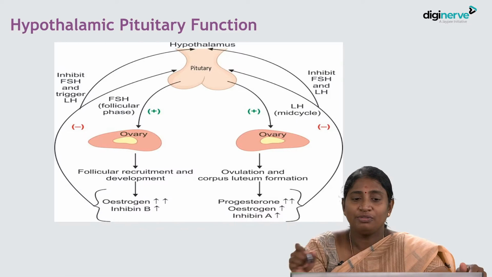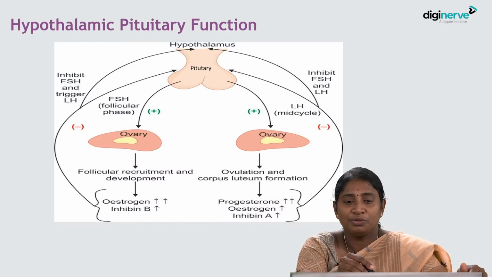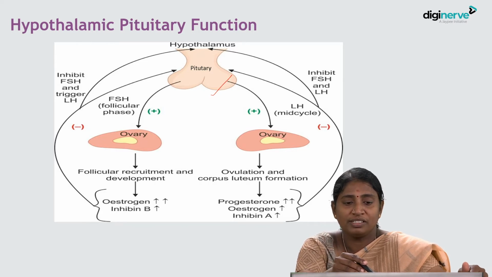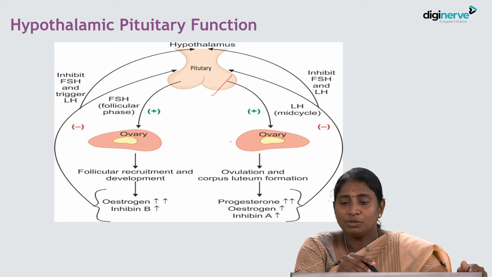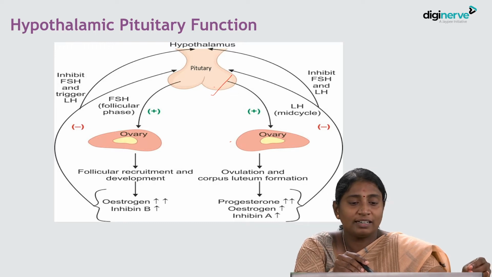Hypothalamo-pituitary-ovarian function. If you see this diagram, the pituitary is at the apex, followed by the hypothalamus. The hormones from the hypothalamus initiate this process through the pituitary, and these hormones act on the ovary. So this hypothalamo-pituitary-ovarian axis is the main key point in initiating the menstrual process. The GnRH pulse from the hypothalamus causes pulsatile release of gonadotrophin secretions.